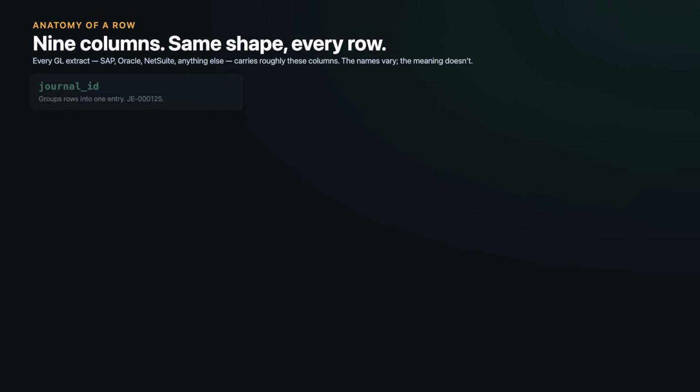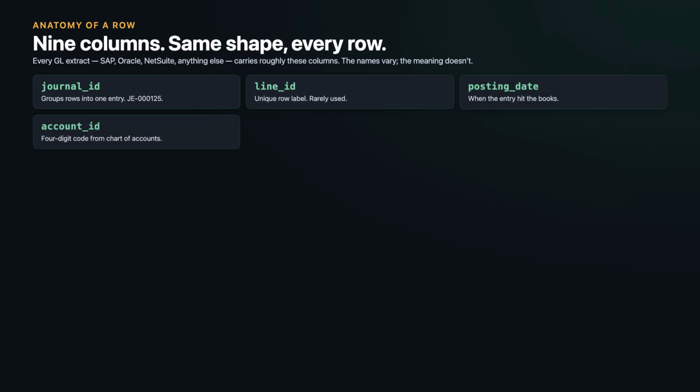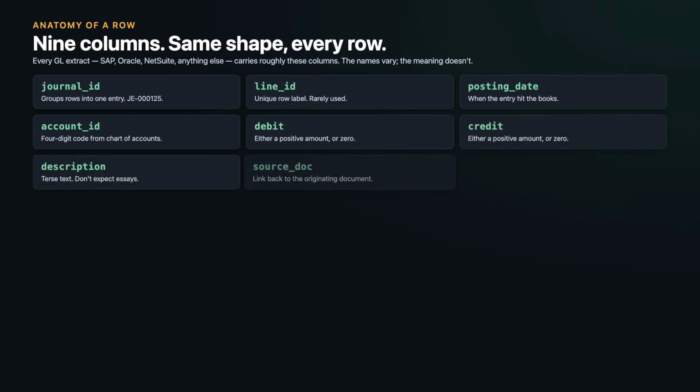Every row in the Atlas Parts General Ledger has the same shape, 9 columns in order. Journal ID, line ID, posting date, account number, debit, credit, description, source document, and cost center. 2 things to notice.